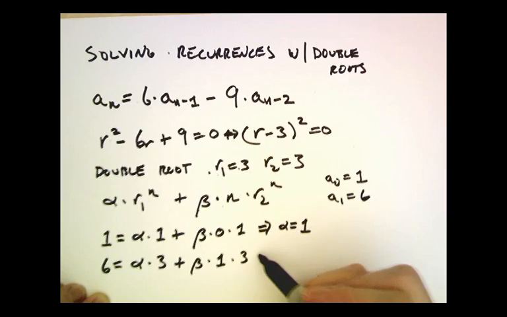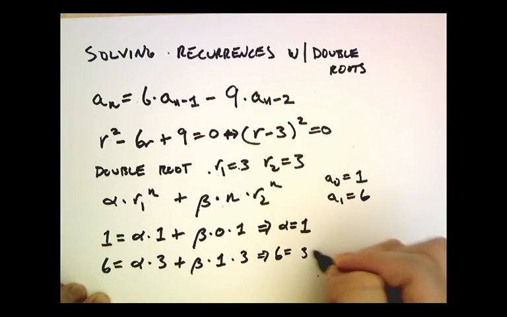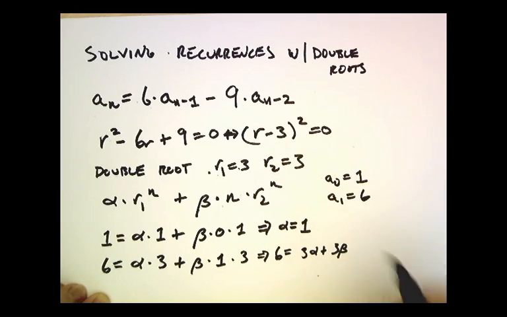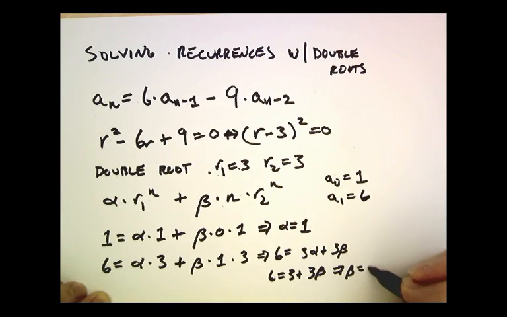So we have 6 equals 3 alpha plus 3 beta. And we said that alpha equals 1, so we have 6 equals 3 plus 3 beta. And this implies beta also equals 1.